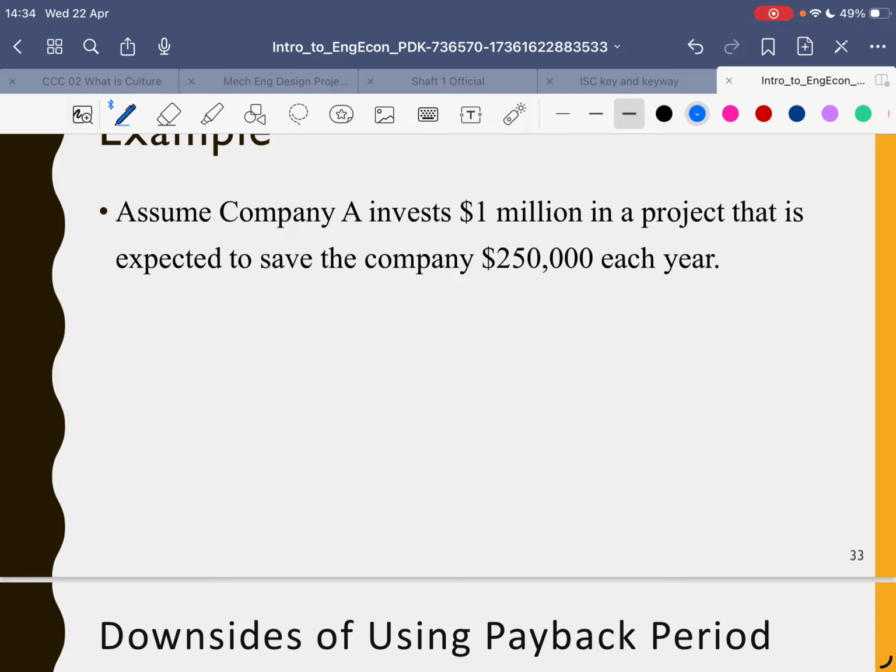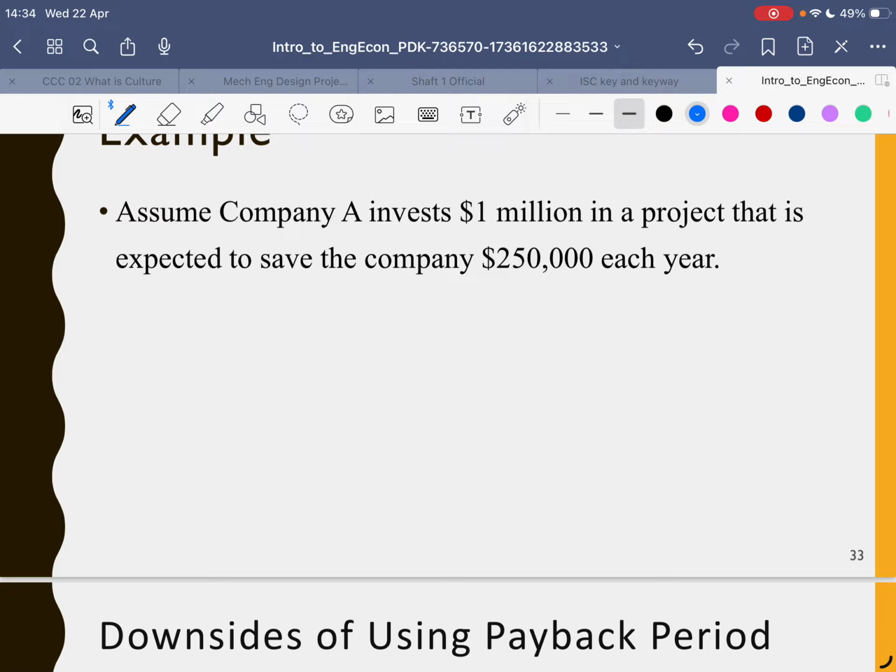So you divide $1 million by $250,000 and it equals 4. And this is your payback period. Your payback period is 4 years, meaning that you need 4 years in order to get your initial investment back.